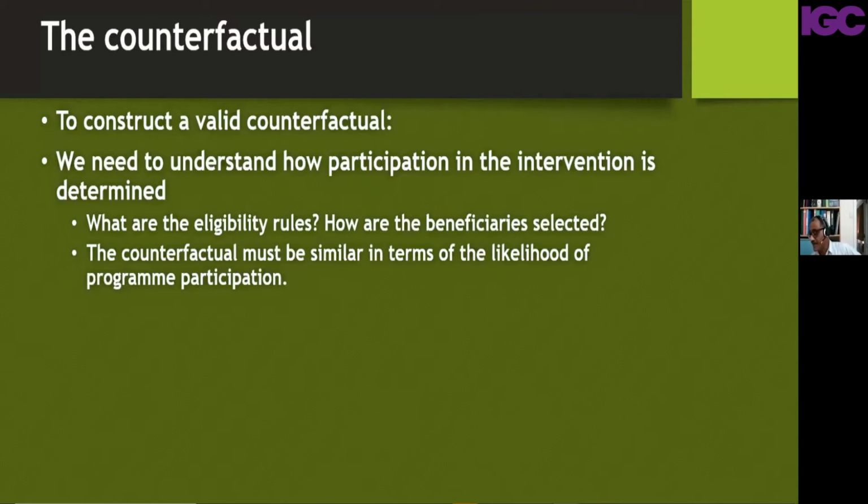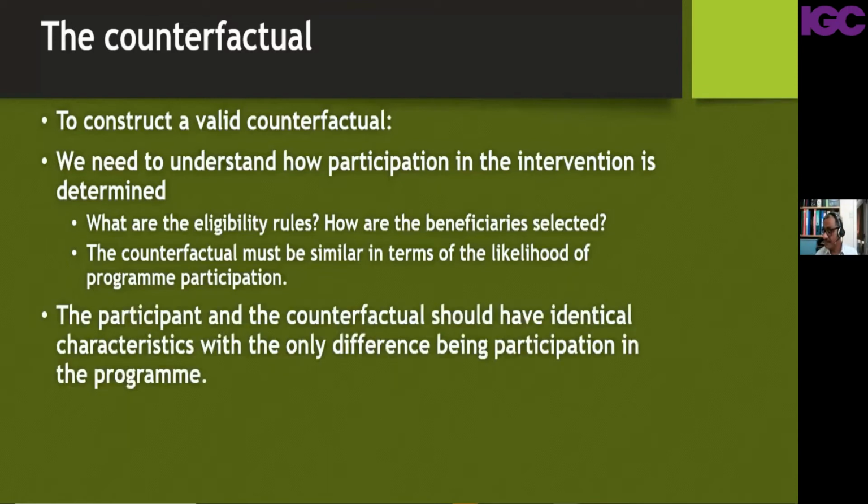And the counterfactual must be similar in terms of their likelihood of program participation. That is, if you want to have a valid counterfactual or comparison group, the non-participants should be as likely to participate in the program as the participants.